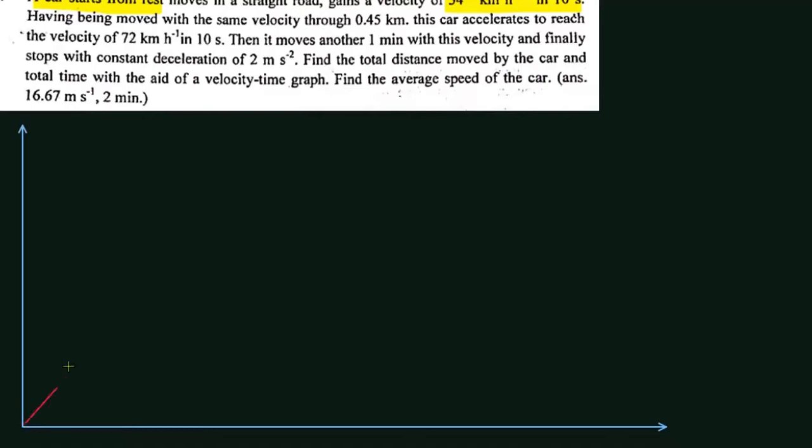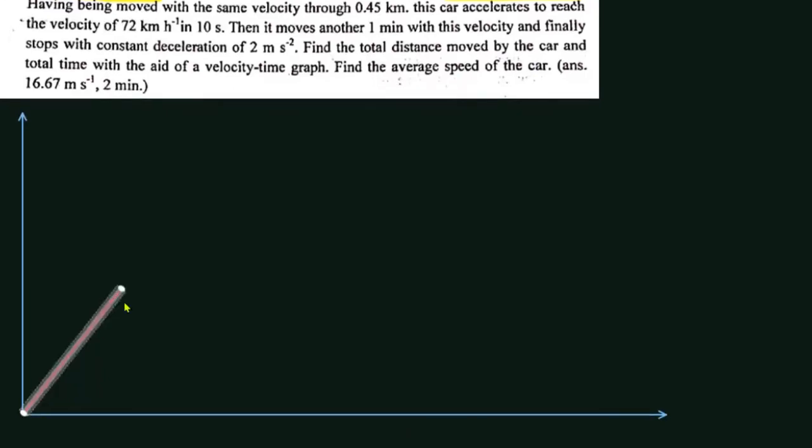From 0 velocity, they attain 54 kilometers per hour within 10 seconds. So this is within 10 seconds. This is the time axis, and this is the velocity axis, in meters per second.